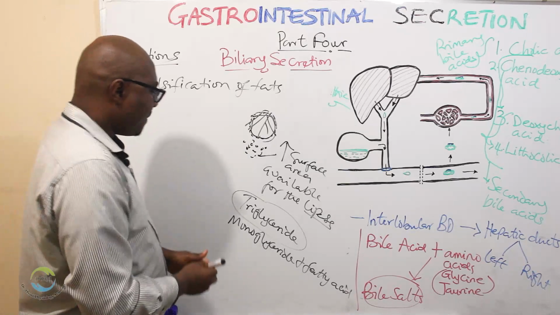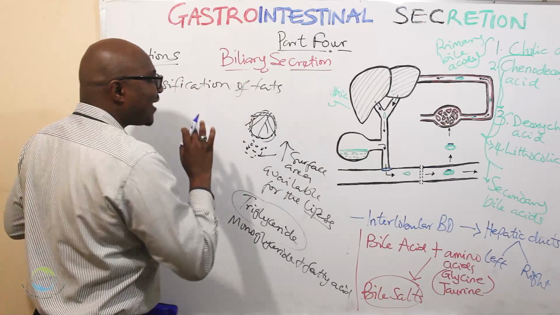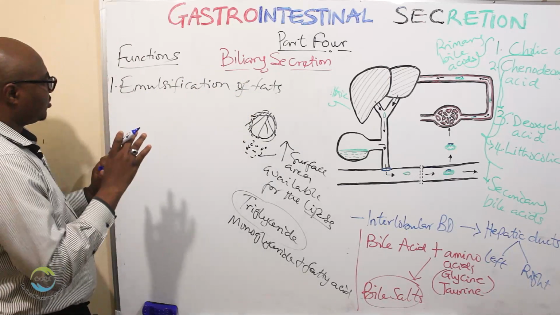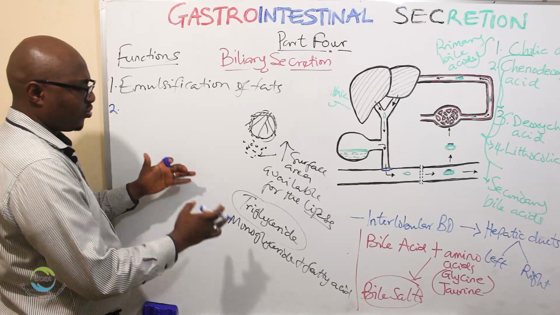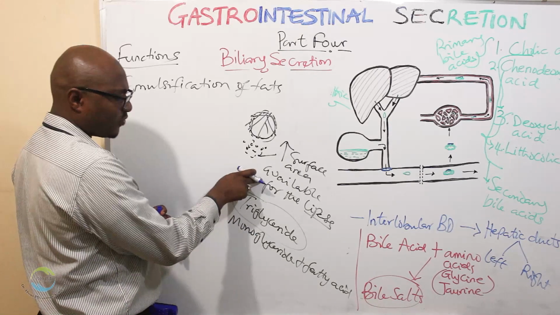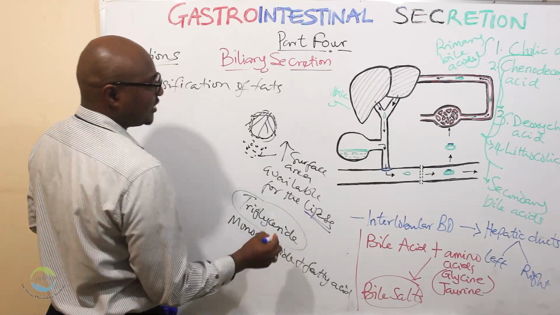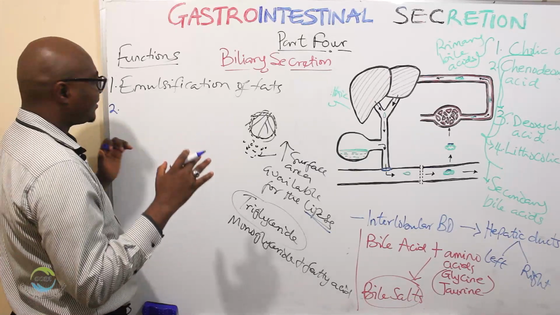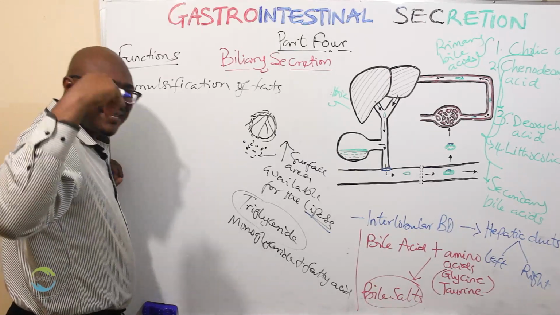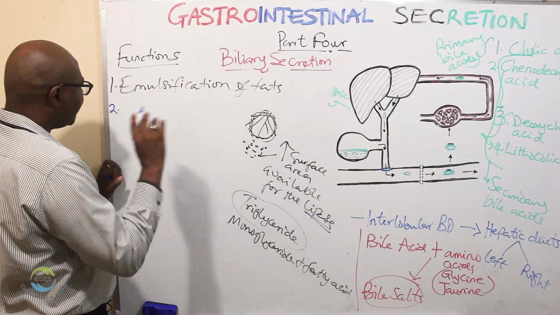Okay? So the number two important function of this bile salt is that it does not just help in the digestion of fat, to aid digestion. It's not doing the digestion, the lipase is doing the digestion. It's just breaking it down so that more can be digested. It also helps in the very absorption of fat itself, of lipids.